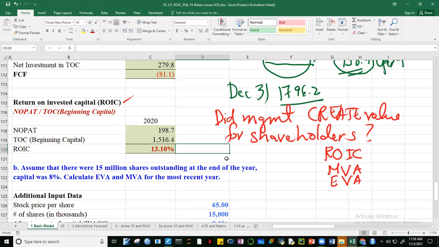We have an ROIC of 13.1%. So question: did management provide or create value for their shareholders? Was value created?